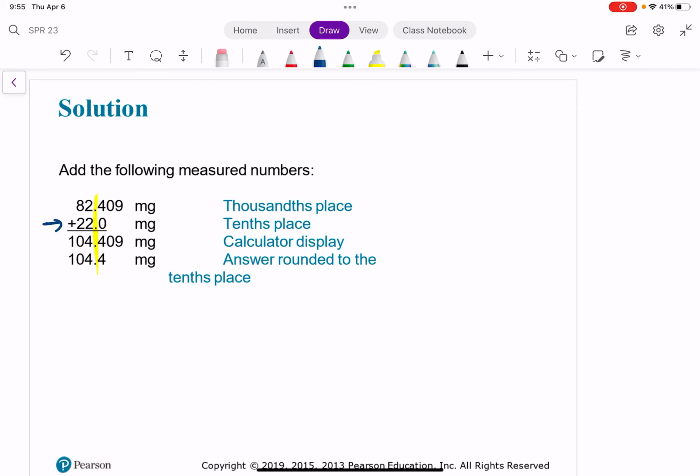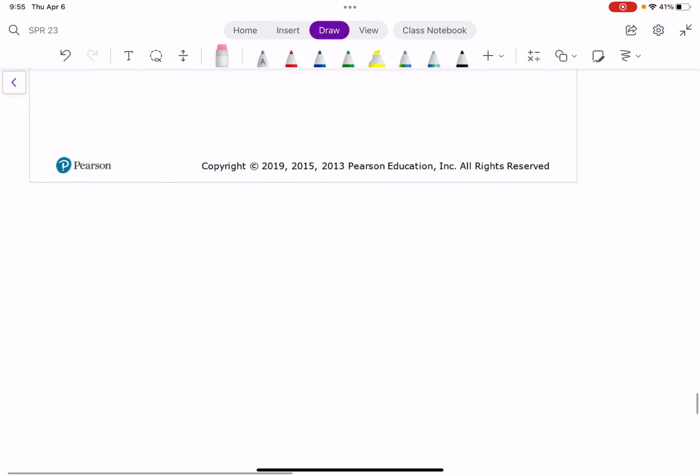That's this one here, so we draw our line through here, and they rounded to that decimal place after they did the calculation. Again, you don't want to round in that step, because then your answer on the calculator is going to be further from the actual value. So don't round too early. Always just round at the very end of your calculation.